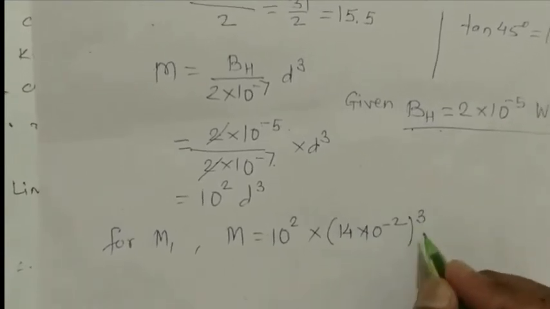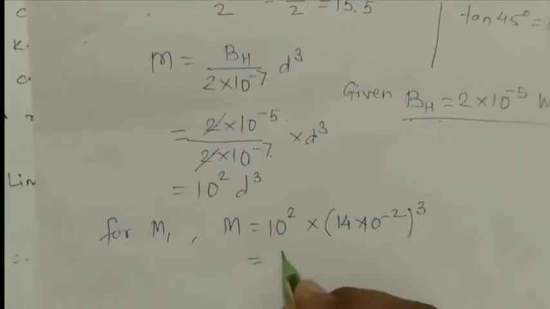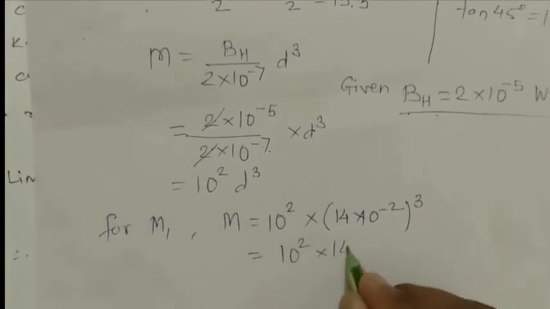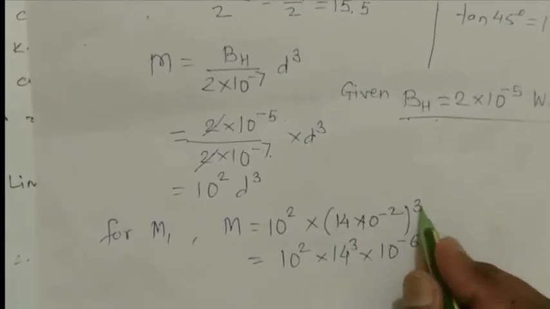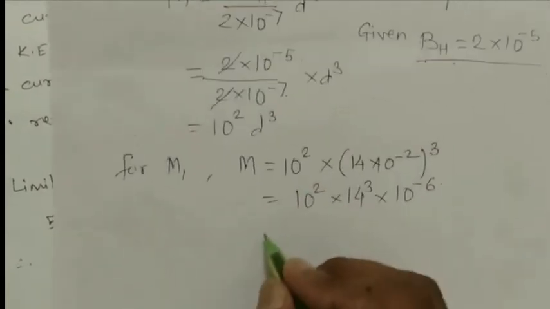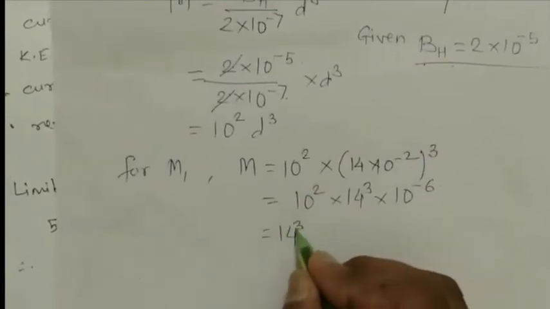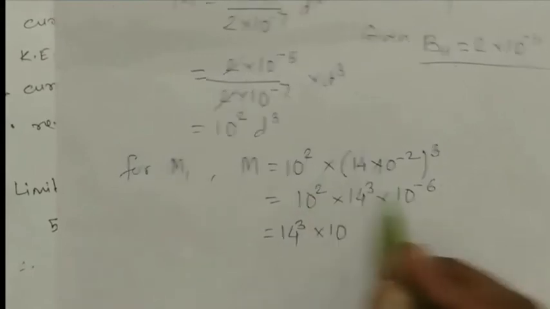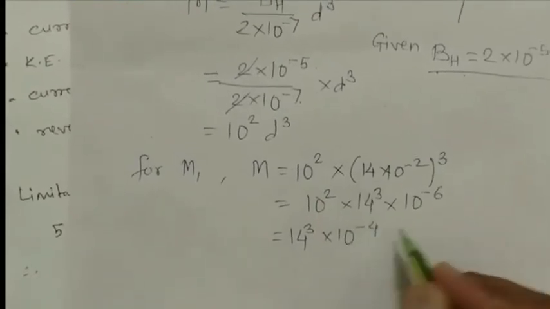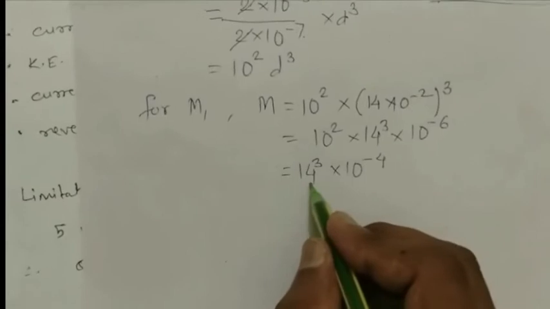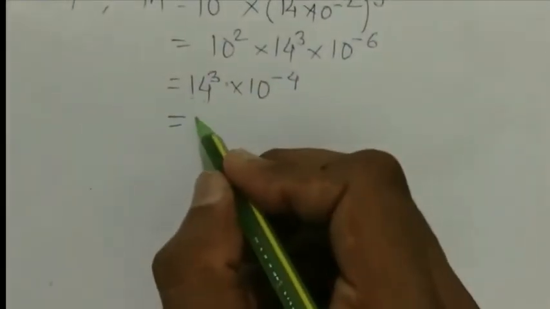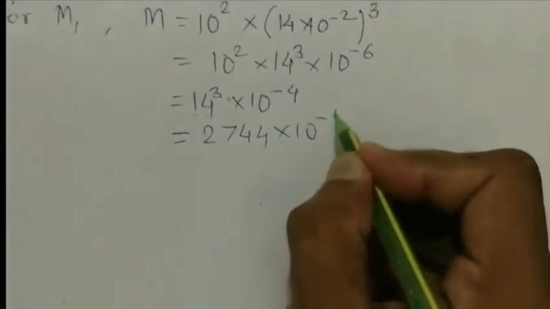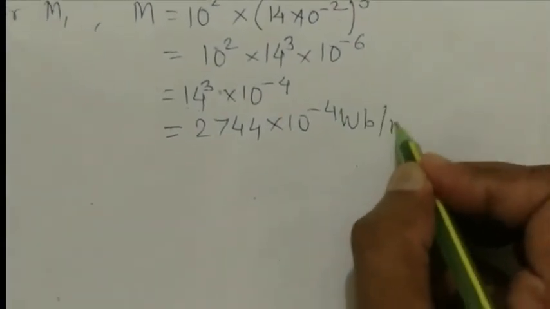So this will become 10 raised to 2 into 14 cube into 10 to the power minus 6, because 3 times minus 2 is minus 6. So this will become 14 cube into 10 raised to 2 minus 6, that is minus 4. So we can further calculate the cube of 14, which is equal to 2744 into 10 raised to minus 4 Weber per meter square.